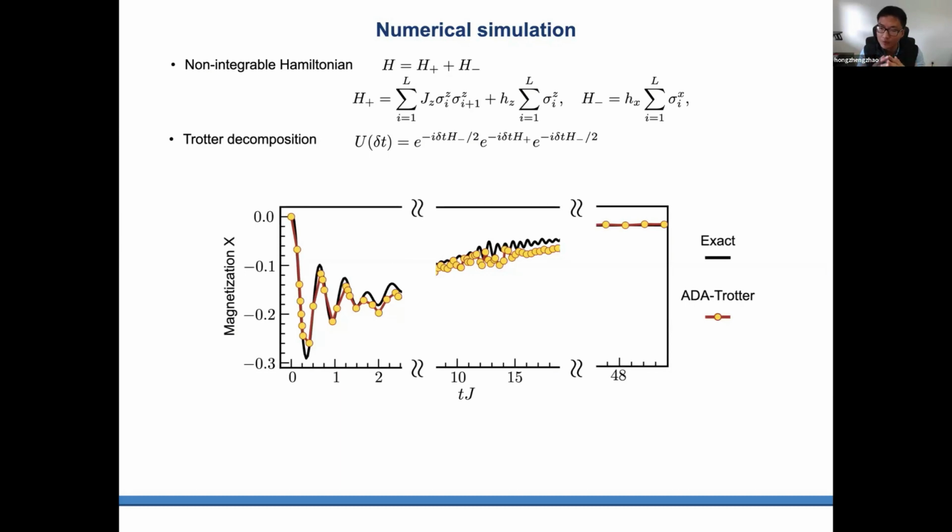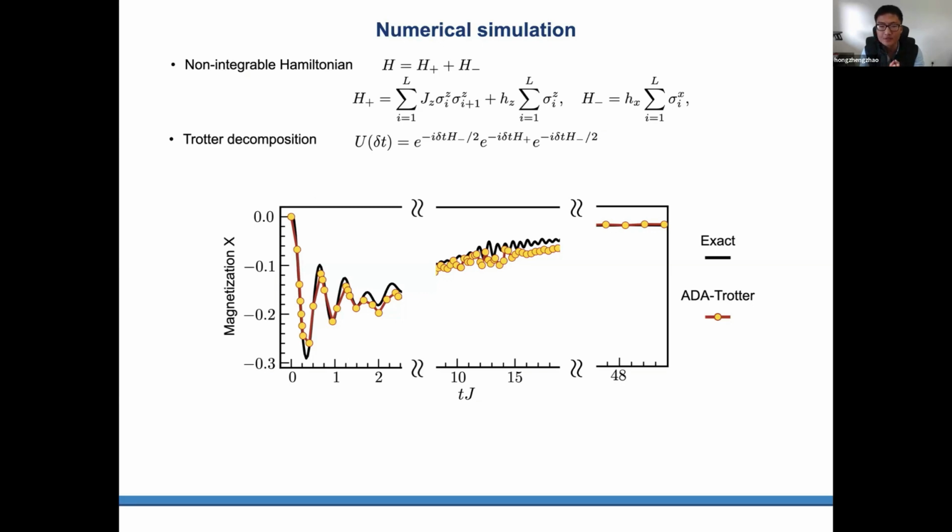First, I will run exact diagonalization starting from a polarized state in the y direction. So this is far from equilibrium. And then I will measure the magnetization in the x direction. The black lines are exact solutions. You can see that the dynamics is very rich.